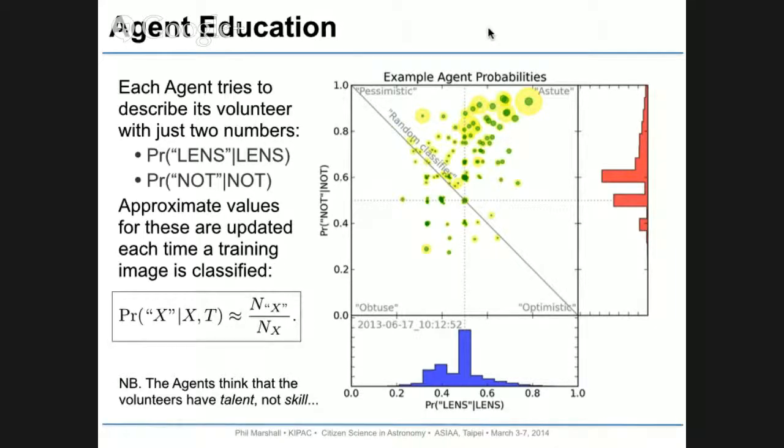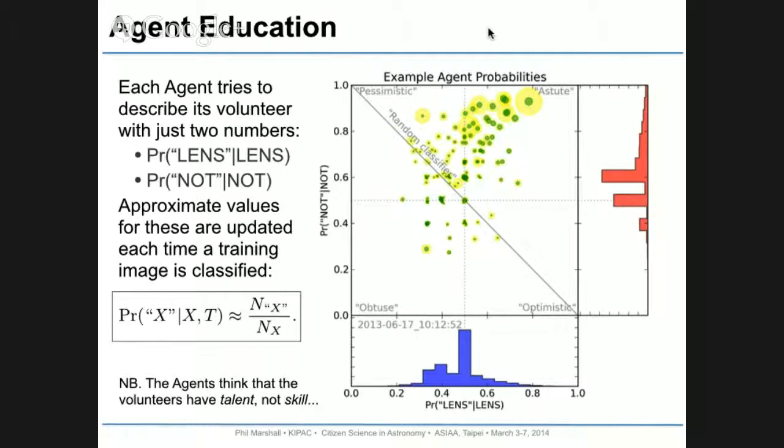So for example, up here, you might think that the volunteer is astute because they get it right most of the time. Over here, you can see they're pessimistic, which is to say that they often think there's not a lens when there really is. And down here, they might be optimistic. These are the obtuse volunteers, the ones that always say the opposite of what there is there. And the way the agent calculates these probabilities is very simple. It just takes the ratio of the said yeses over the actual yeses and vice versa.